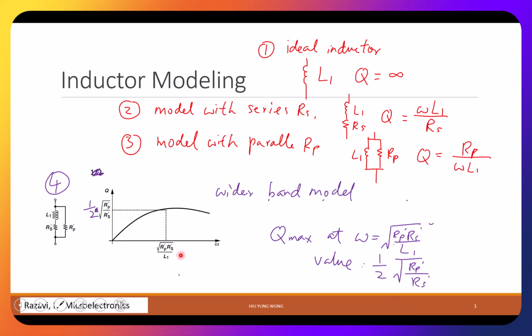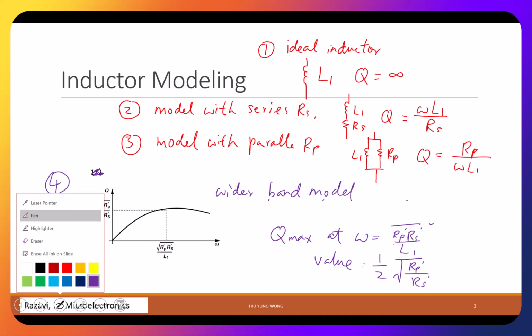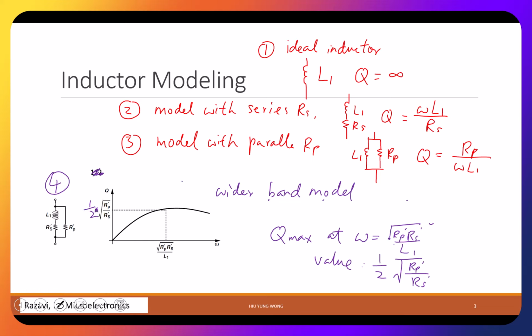Basically, this is what is said. I think there's no square root at the bottom. Do I have? Yeah. It should be only on the numerator. So when your frequency is at this, then you will have this Q.